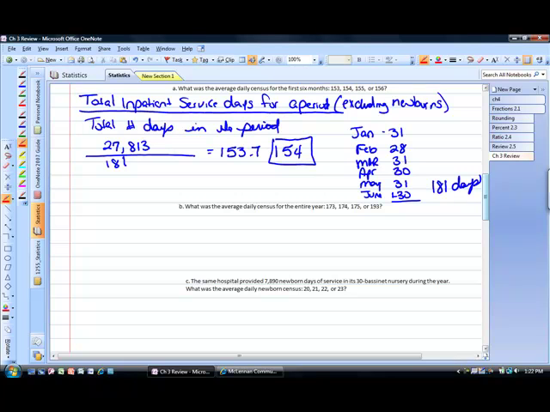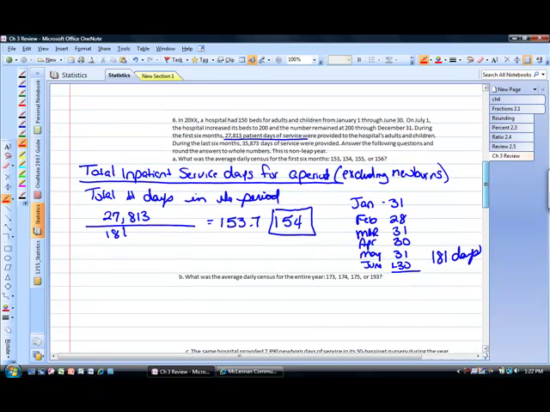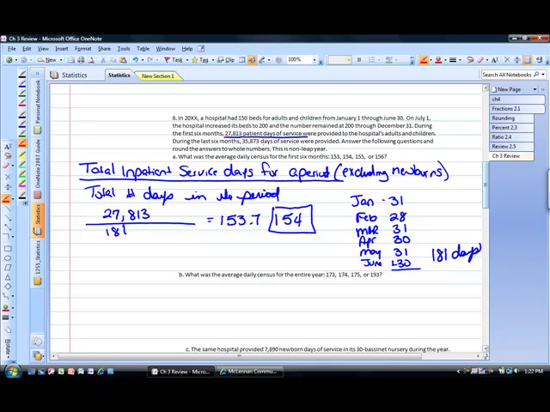We also have to figure out what the total inpatient service days are for the entire year, so what we're going to need to do is add 27,813 to the 35,873, and use 365 as our total number of days in the period. We will get 174.5, which rounds to 175.